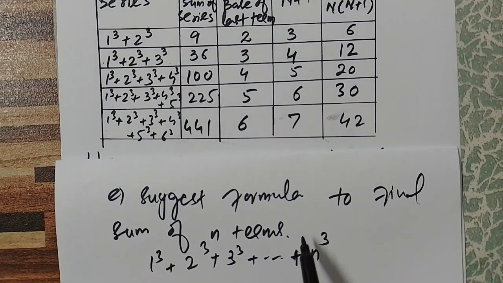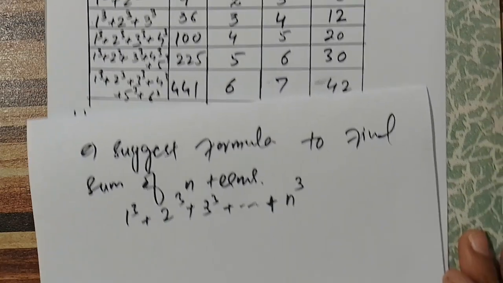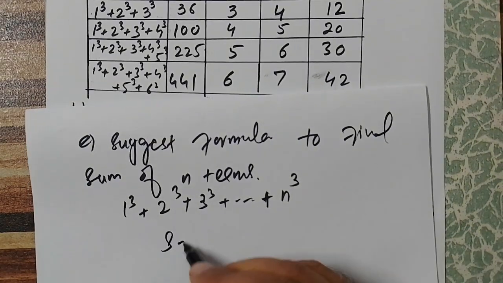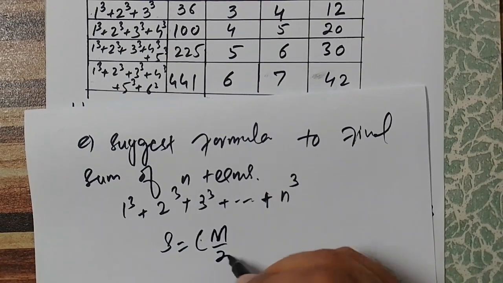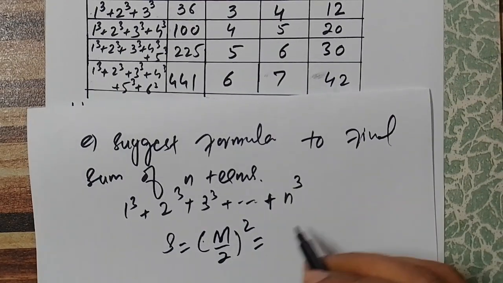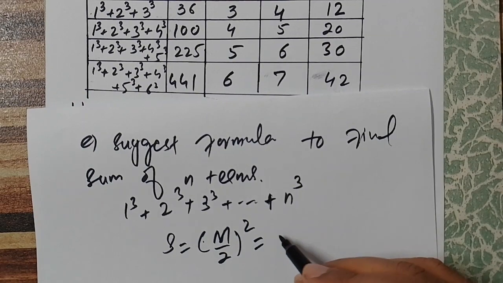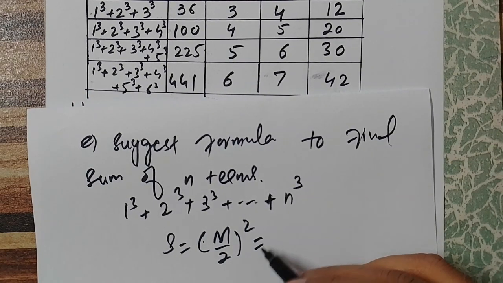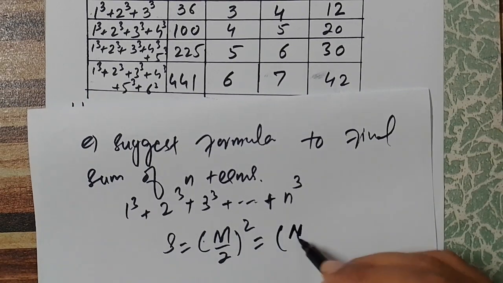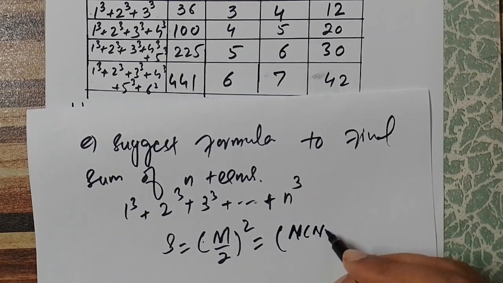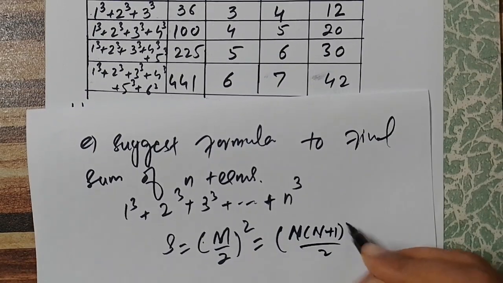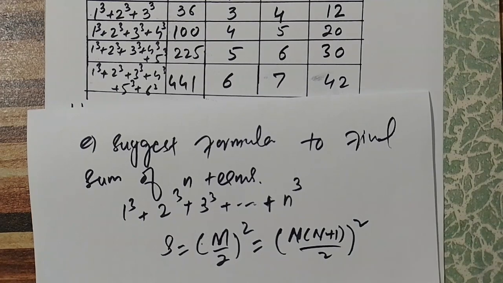The next question is suggest a formula to find the sum up to n terms of 1 cube, 2 cube, 3 cube up to n cube. Now as we have already developed the formula, S is equal to m by 2 whole square. If I put the value of m here, or in other words, if m is expressed in terms of n, we can write it as n into n plus 1 divided by 2 whole square.